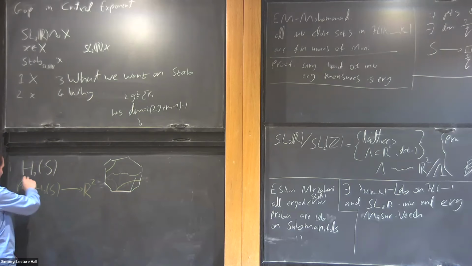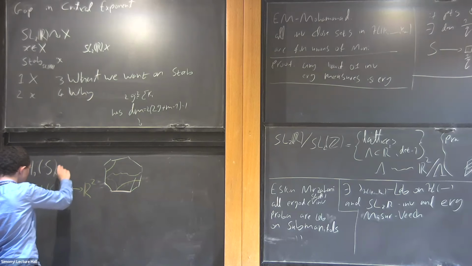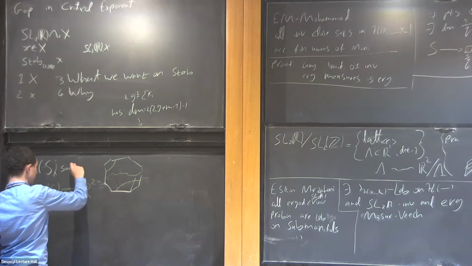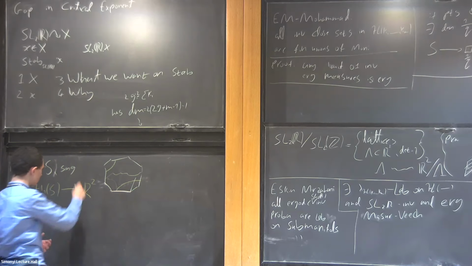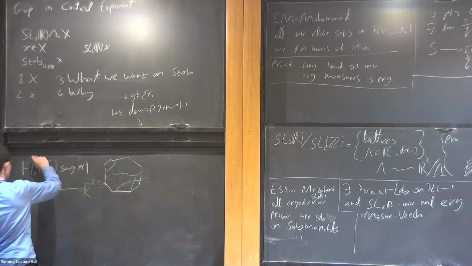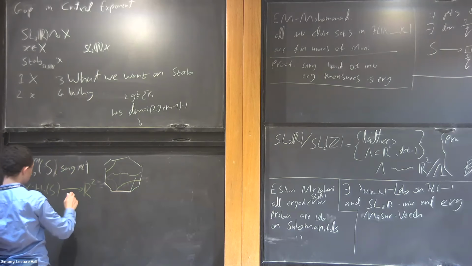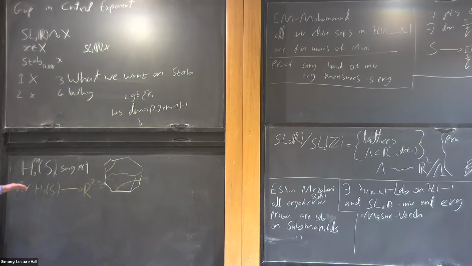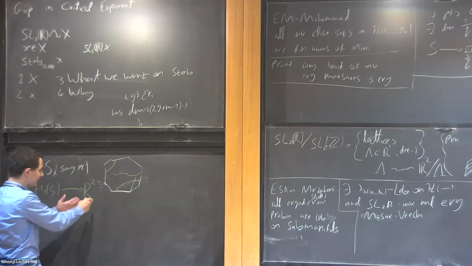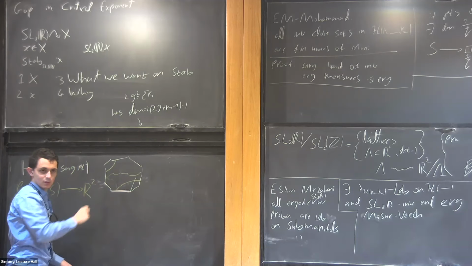So instead of H1, I want to do something relative to the singular points, the points with more than 2 pi degrees, singular points. Now I put here real. Okay, and now I actually get the image is exactly what is generated by all the edges.